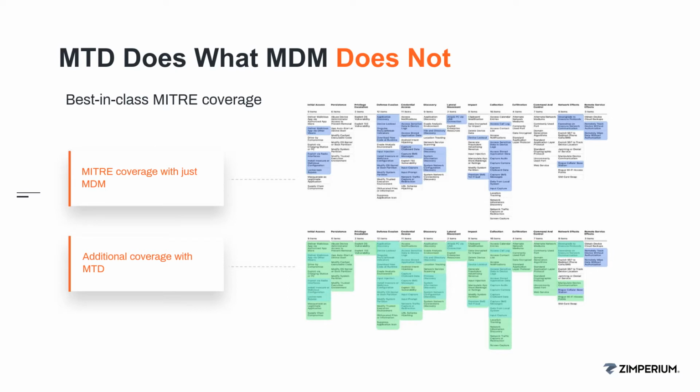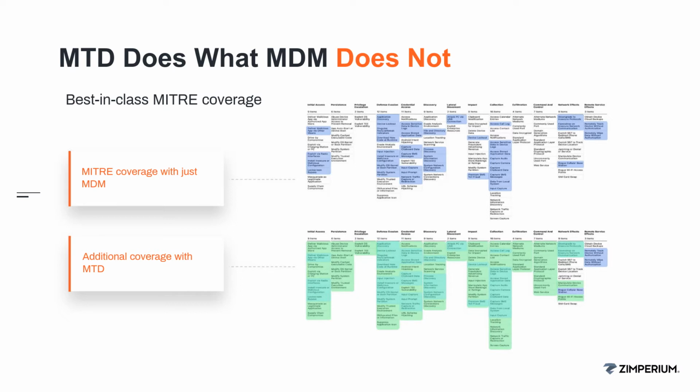Yeah, absolutely. So with an MDM, if you wanted to cover as many possible TTPs from the MITRE ATT&CK framework, you almost have to turn it up to 11. And you end up suffering from having security lock down the device too much. So you can get a small amount of coverage from just the MDM.